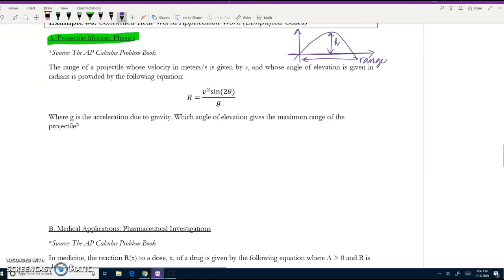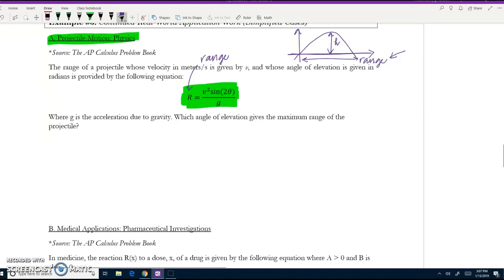When it comes to launching these kinds of projectiles or tossing balls or launching rockets, the way that you can talk about this distance, the range, is what we're given in this formula here. Let's break down the different parts of this formula. Like I just mentioned, your R value is your range. That's how far whatever you're launching is going to go.